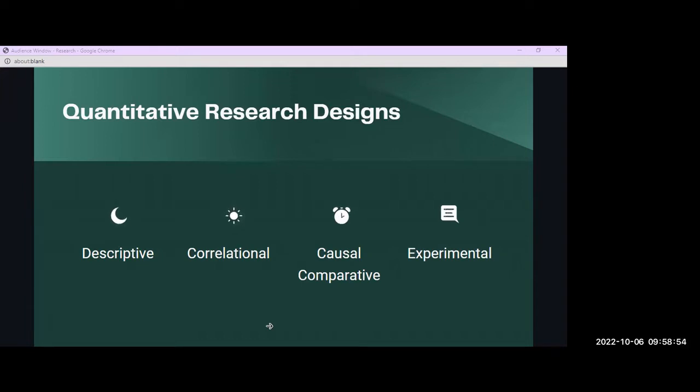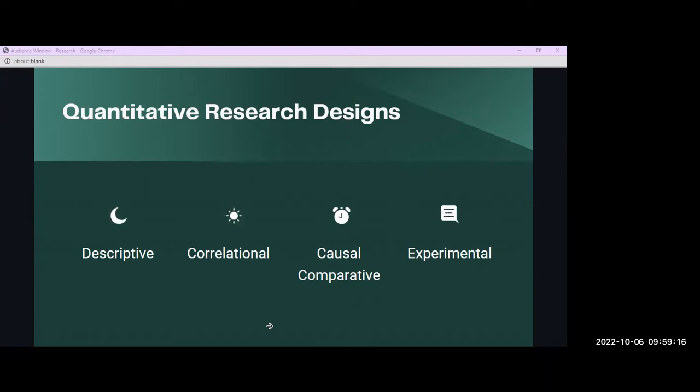The next is causal comparative, or sometimes this is called quasi-experimental research. This causal comparative attempts to establish a cause-effect relationship among the variables, but this is not a true experimental design.